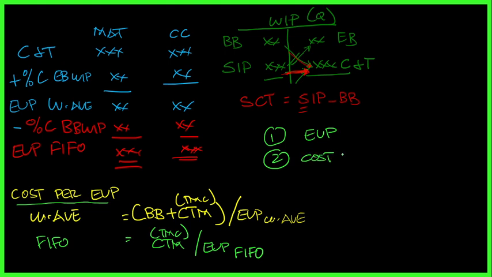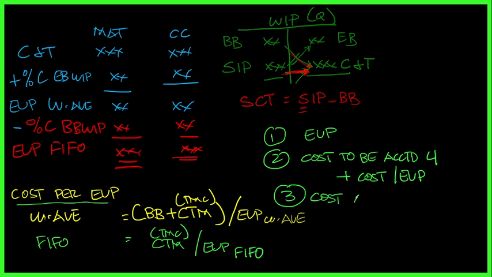Let's write that down. Cost to be accounted for, okay, together with your computation of cost per EUP. And then the third part, okay, will now be your cost as accounted for. Ito yung reconciliation portion natin.